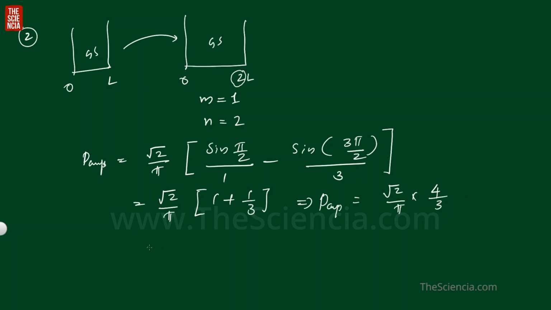That is, we got probability amplitude equal to 4 root 2 by 3 pi, and the probability is equal to the mod square of the probability amplitude, that is equal to 32 by 9 pi square. See, the same result we got just by substituting some m and n values in this equation. So this trick is valid for all. Okay.